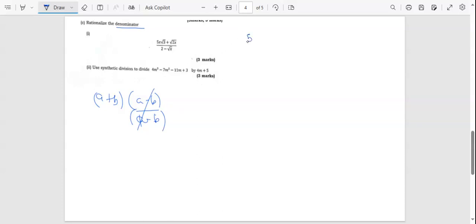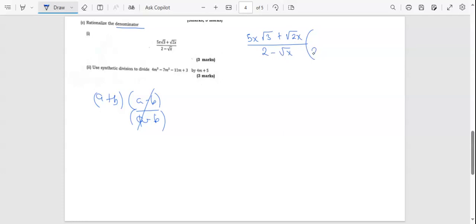So we'll say 5x root of 3 over 2 minus root of x. They are saying rationalize the denominator, so now we'll go on the denominator and change the sign. So we are multiplying throughout by the conjugate of that.